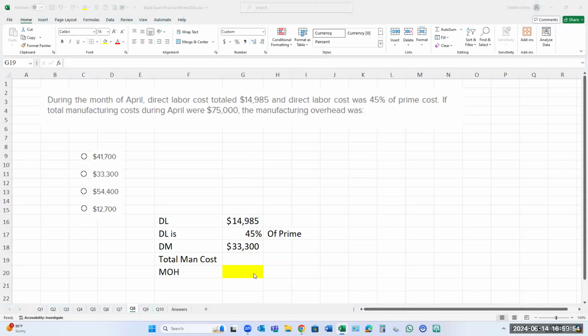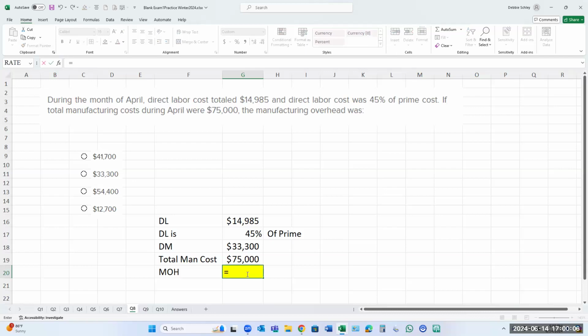So now my total manufacturing cost is 75,000, right? That was given to me. Manufacturing overhead then would be equal to 75,000 minus direct materials.